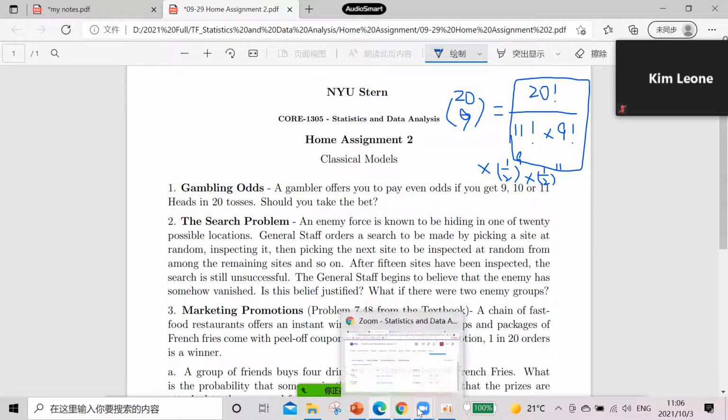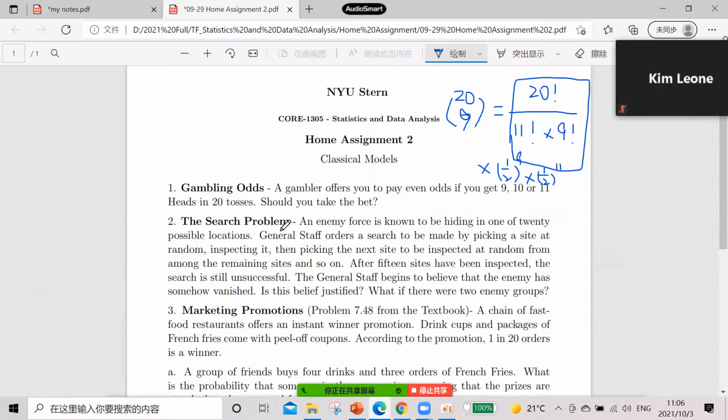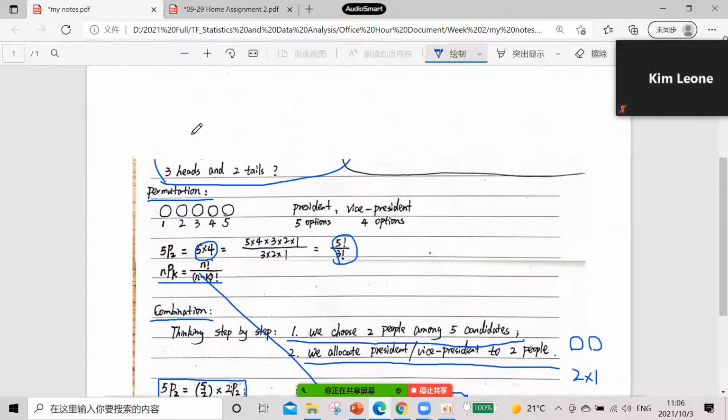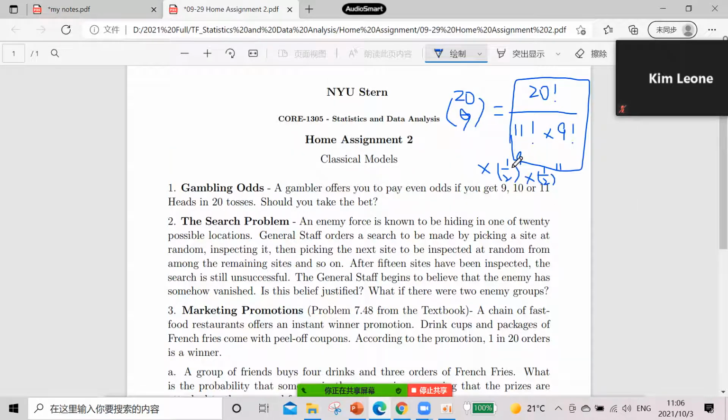This is essentially what I talked about here. If you didn't catch it, you can watch the recordings and see how I came up with this formula. Because for every specific sequence the formula is the same, as long as I have the same numbers of tails and heads. Here in this example, as long as I find 9 heads and 11 tails, the probability of a specific sequence is simply here.